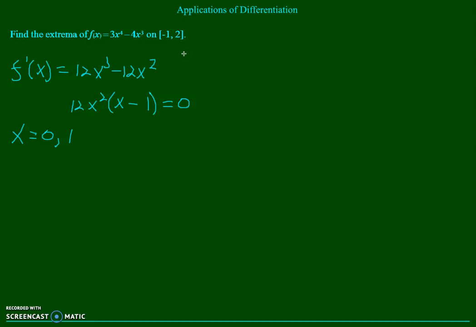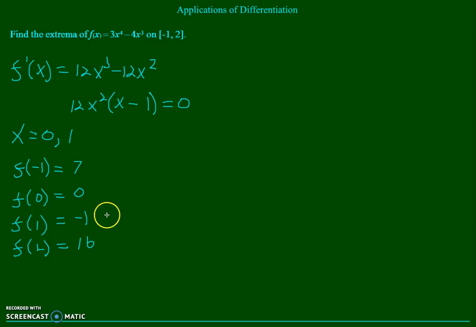So what we're looking at is we want to find out what is f of -1, what is f of 0, what is f of 1, and f of 2. Putting these into our calculator, we see that f of -1 is going to be 7, f of 0 is 0, f of 1 is -1, and f of 2 is 16.